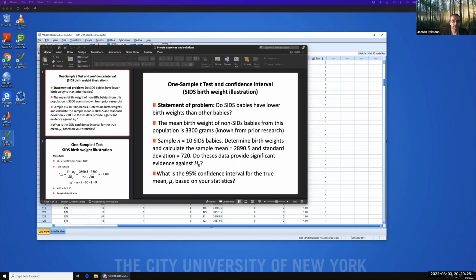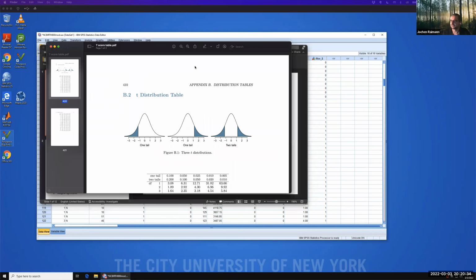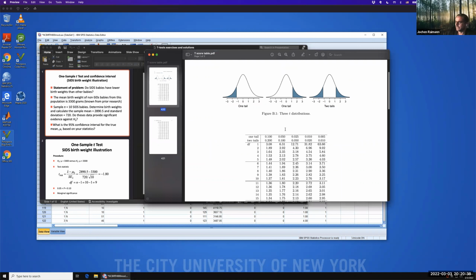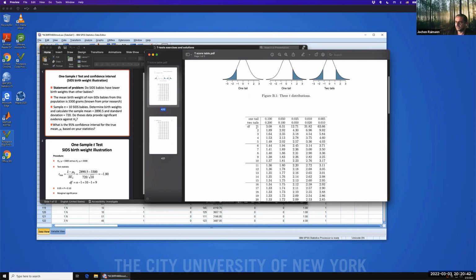Sorry, I'm just going to find the table. Distribution table, see it there. Okay, so the t-distribution table is different to look at as compared to the z-score table. In the t-distribution table, you are going by the degrees of freedom, correct?